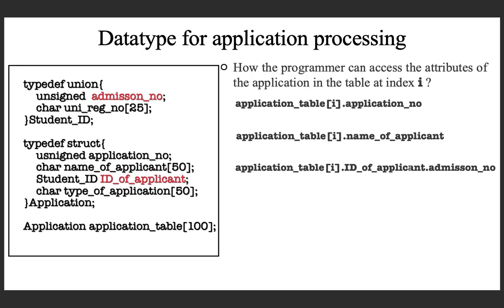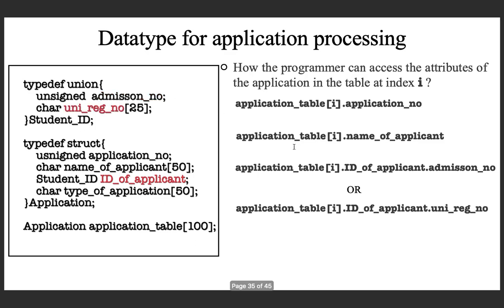So at this index, ID of applicant, which is again a compound data type, union. So it could be admission number or it could be university register number. Note that at a time only one can be accessed. Okay. And finally, if you want to access the type of application, this is how you can do it. At that particular index, this field of the structure.